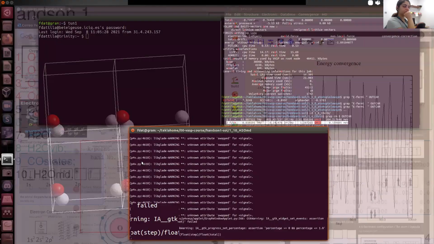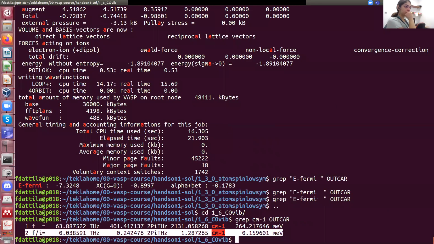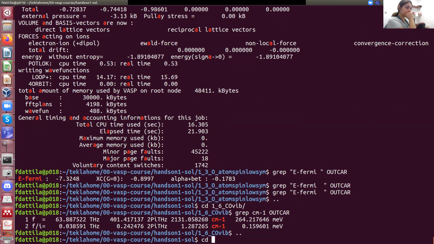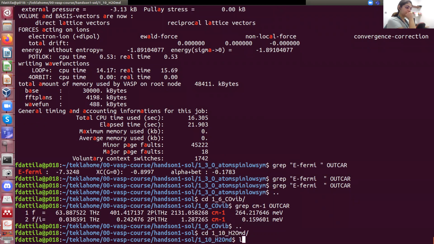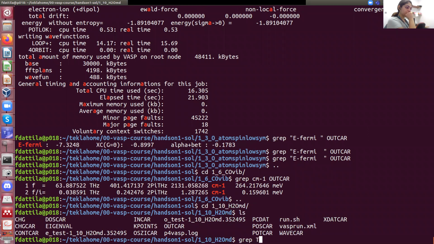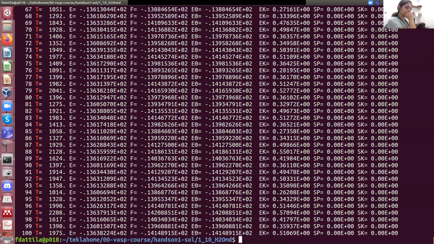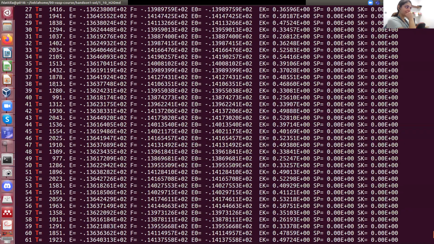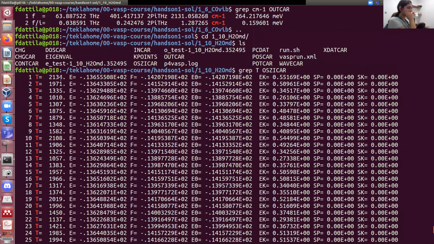That is happening because if you now go to the OUTCAR and do grep T OUTCAR, you see that the temperature that we are imposing on the system is not always constant.